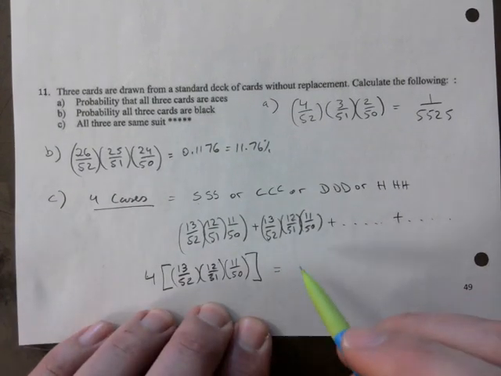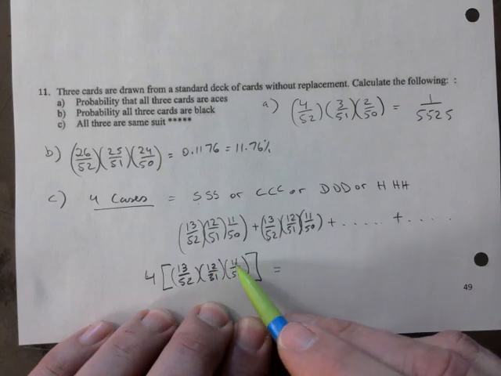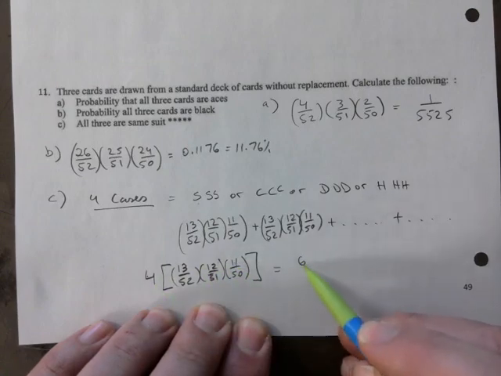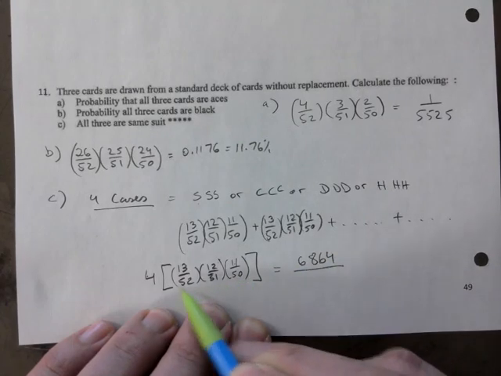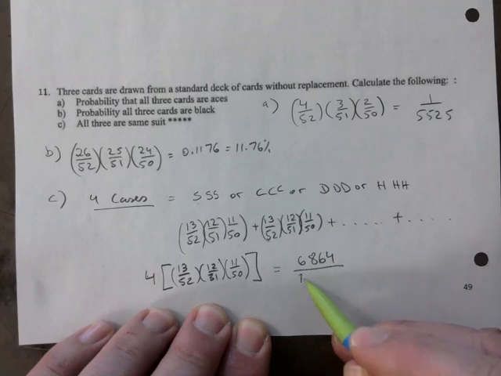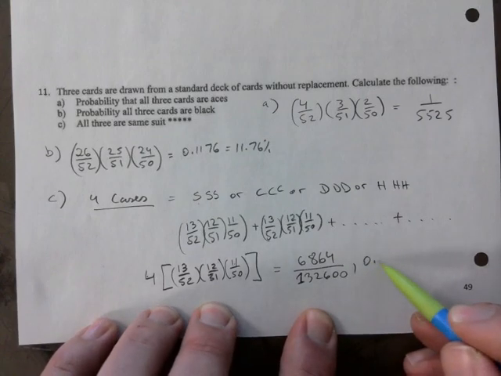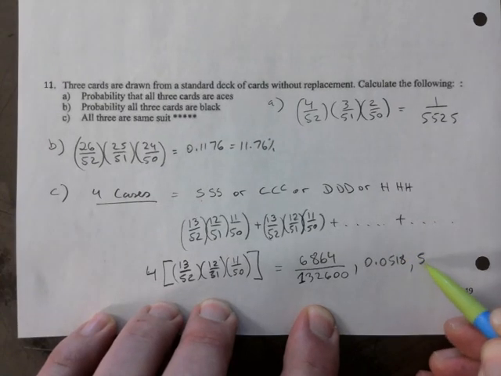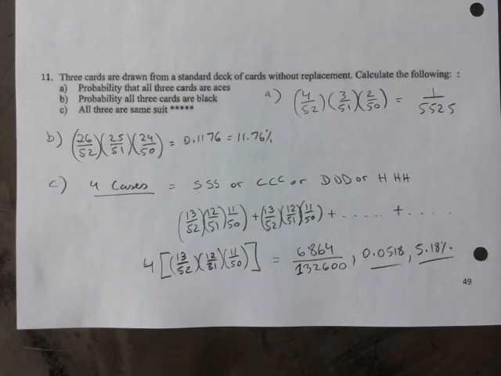I think if you go 13 times 12 times 11 times 4, you get 6864. Don't multiply the denominators, okay? That one is not lined up with the 4 because it's really 4 over 1. You get 132,600 for that one. You can turn that into a decimal. That's 0.0518 or 5.18%. Okay? So that's how you do those types of questions.